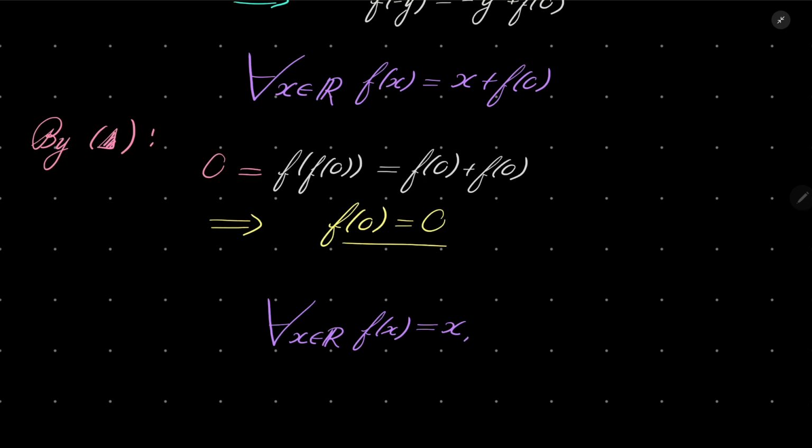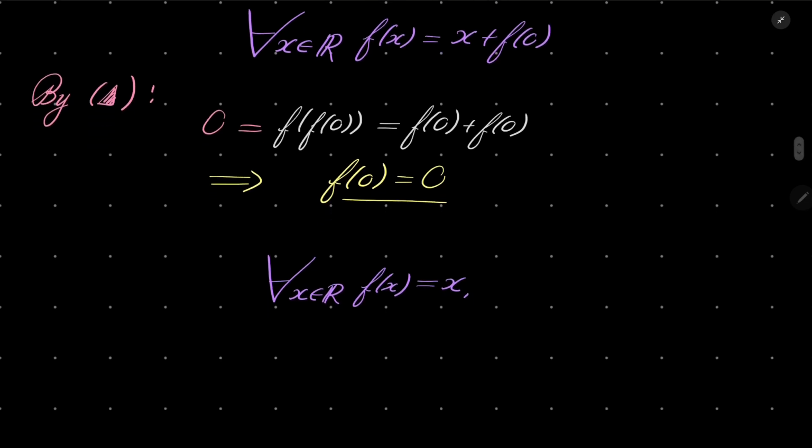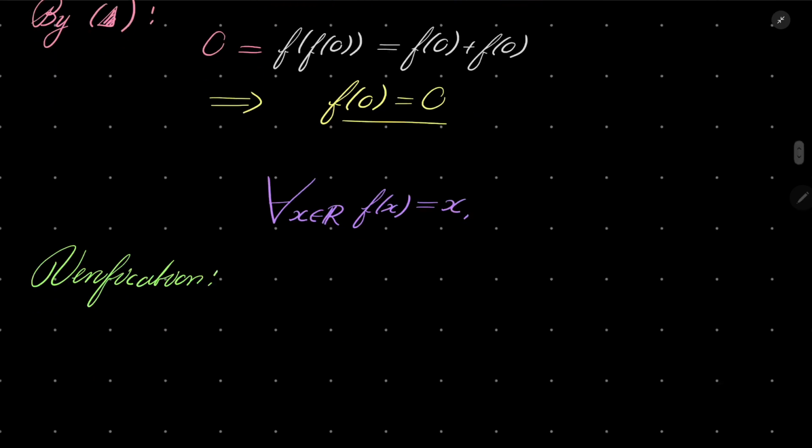But now we need to verify, but verification is very simple. On the left-hand side of our very first equation, we have f of x plus y plus y, and that's just x plus y plus y.